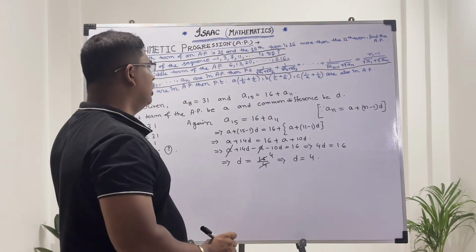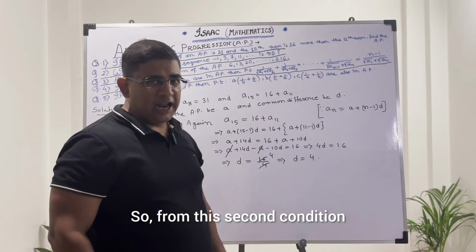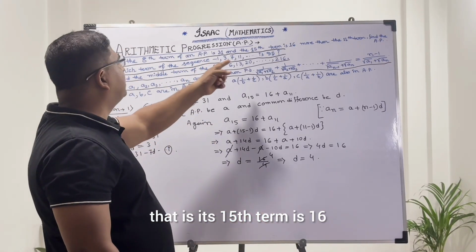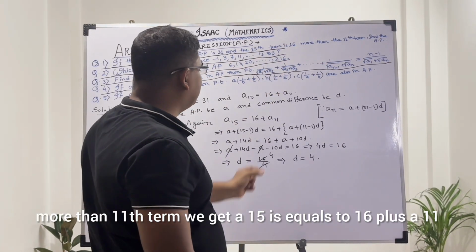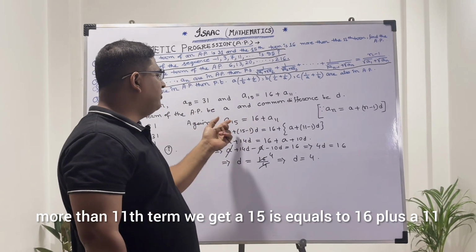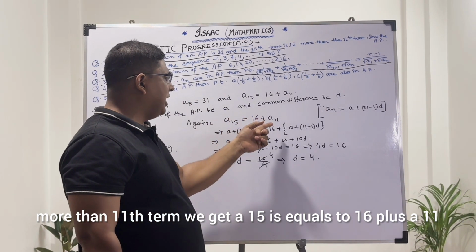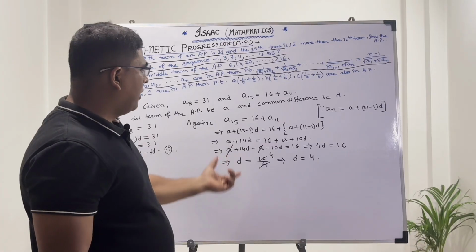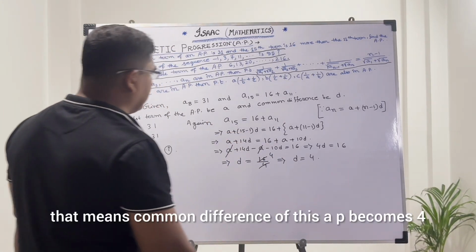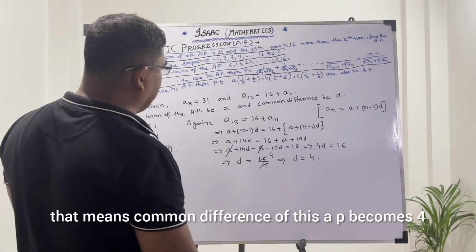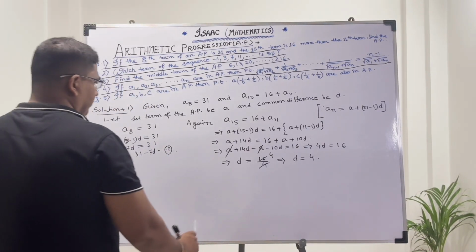So from the second condition, that its 15th term is 16 more than the 11th term, we get A15 equals 16 plus A11. Simplifying this, we get D equals 4. That means the common difference of this AP is 4.